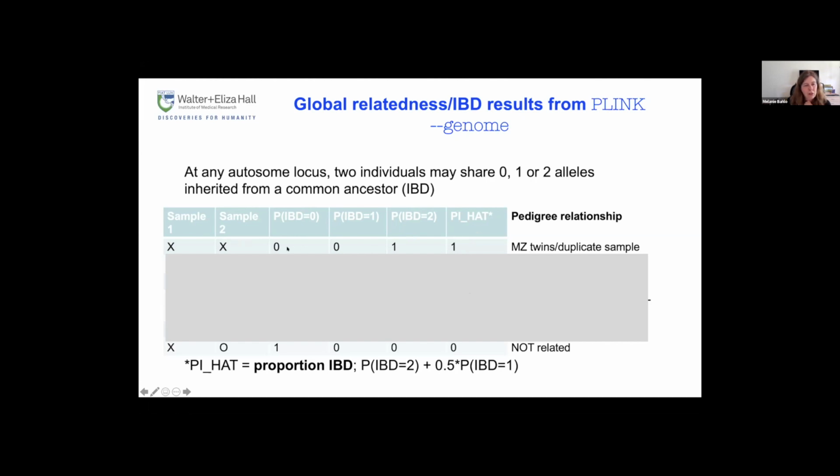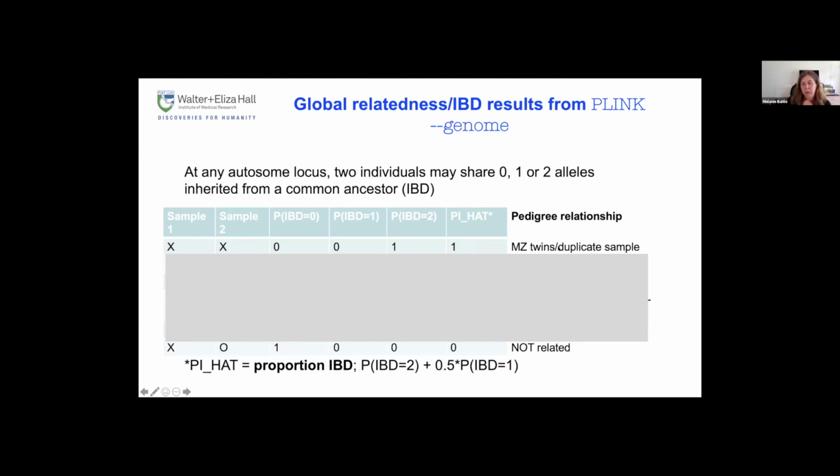If 2 individuals are unrelated, then they have a pi hat of 0. And if they're identical, so here they are the same individuals, then they have a pi hat of 1.